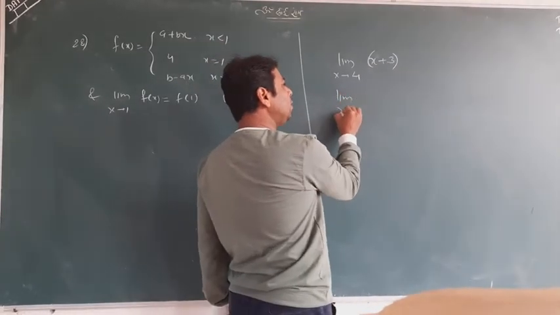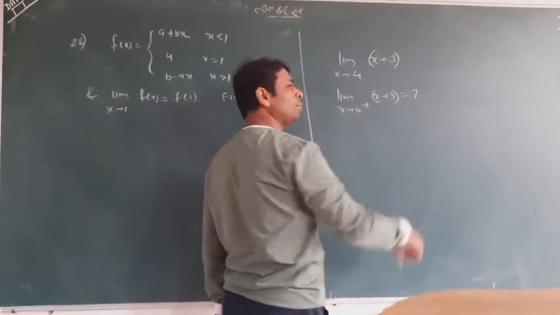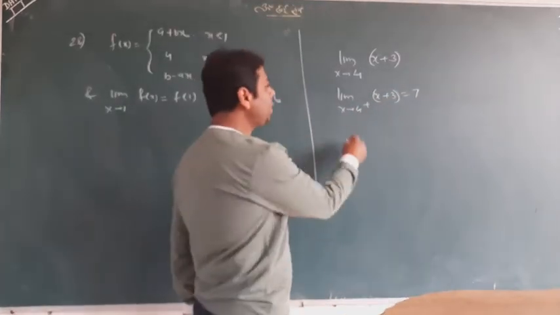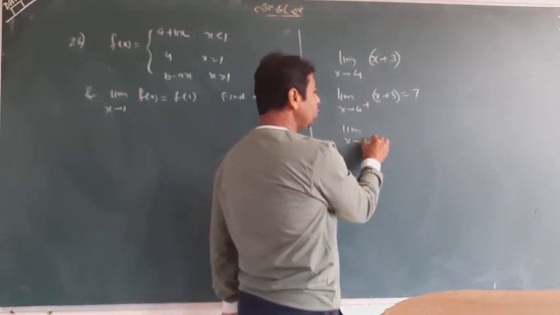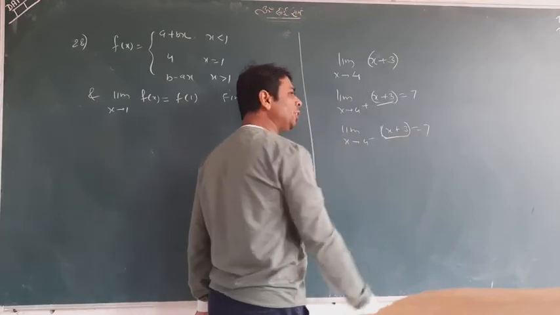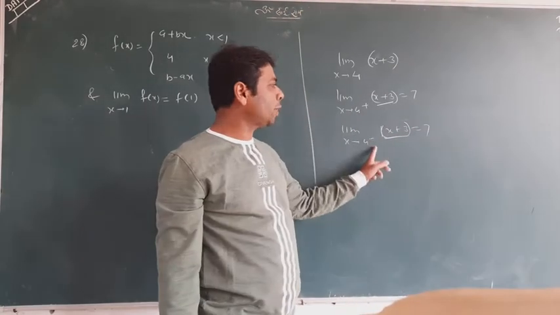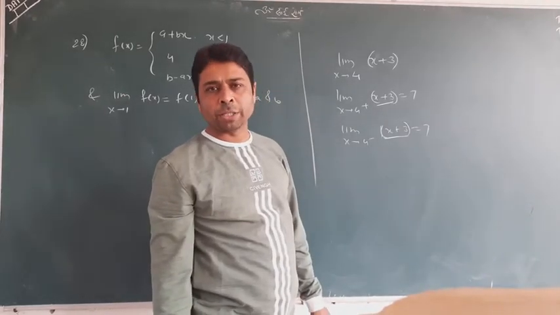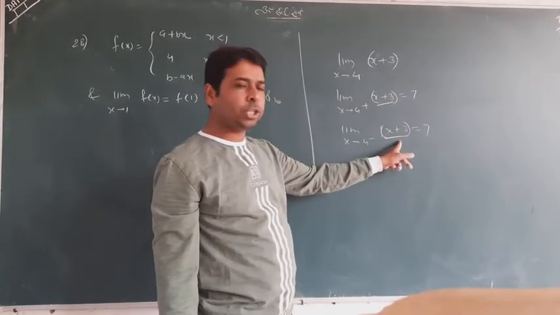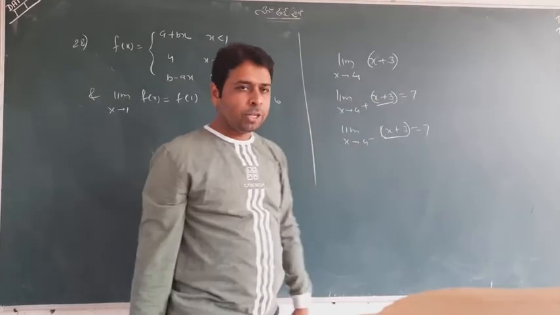When you find the right hand limit, students, you will again get 7. When you take the left hand limit, you will get the same answer again, 7. When the function is not changing, for the right hand limit and for the left hand limit, you will always get the same answer. When functions are not changing, the right hand limit, the left hand limit and the main value always give the same answer. So this is the function.